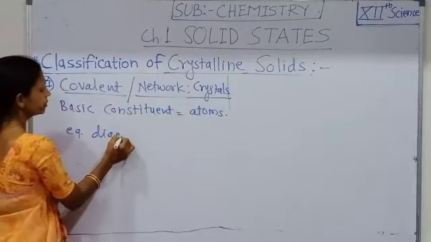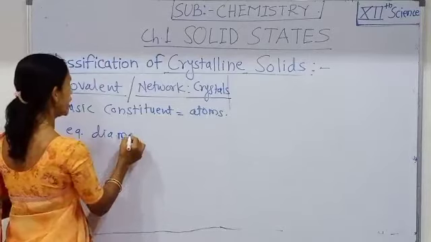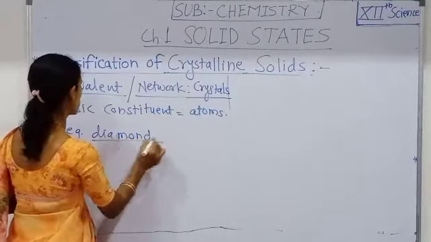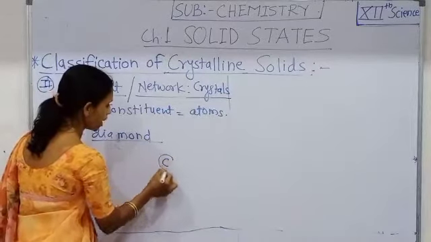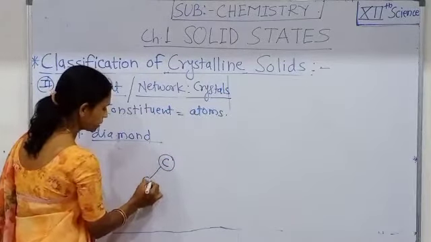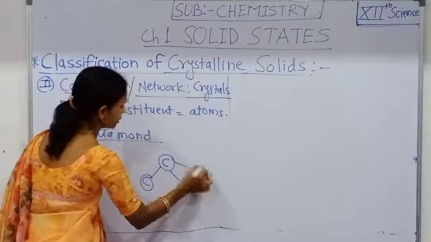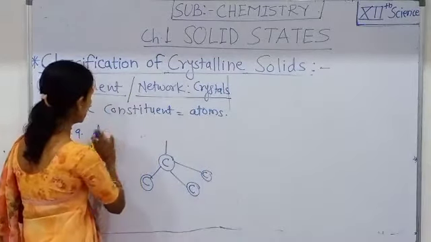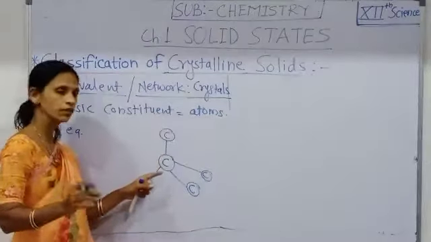All of you studied the structure of diamond, where each carbon atom is surrounded tetrahedrally. See here, that is the tetrahedral structure of the diamond crystal.